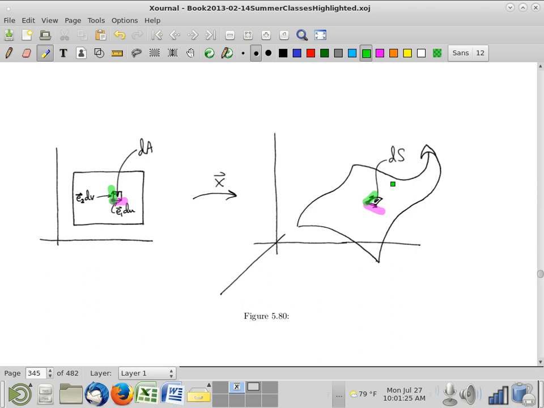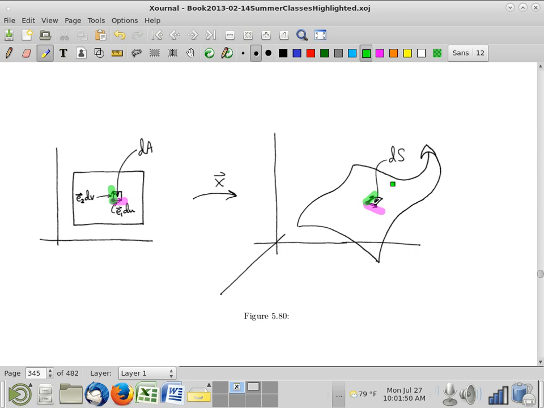And then I realize that these two input vectors define my input area, dA. These two edge vectors are the edge vectors of a rectangle that clearly has area du dv. The output vectors are the edge vectors of the parallelogram whose area I'm interested in.